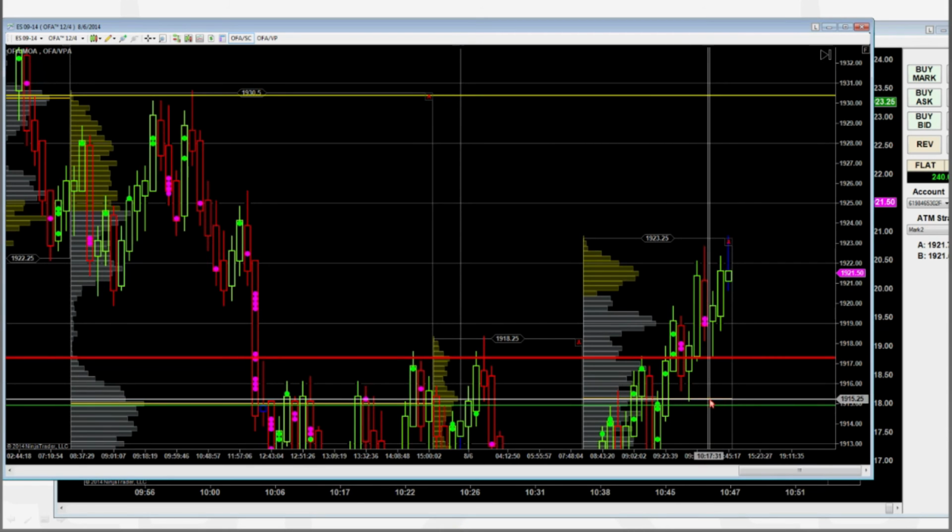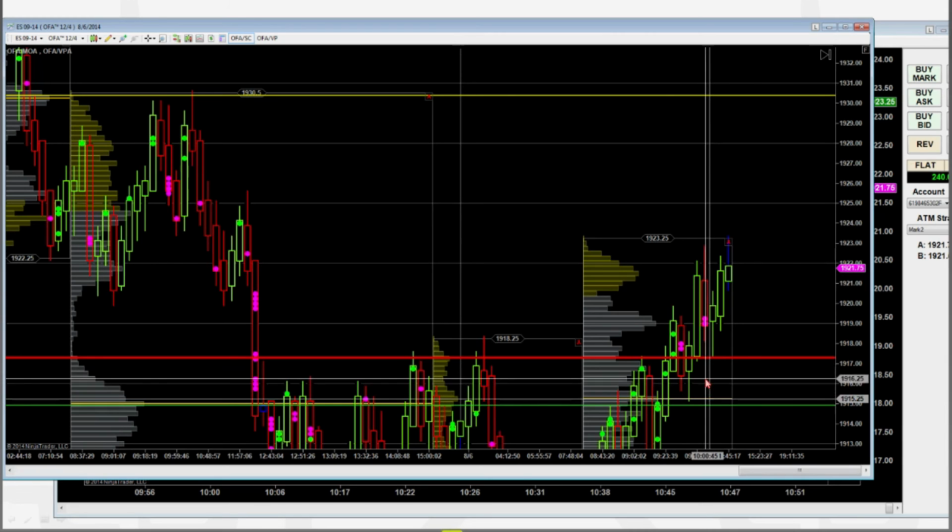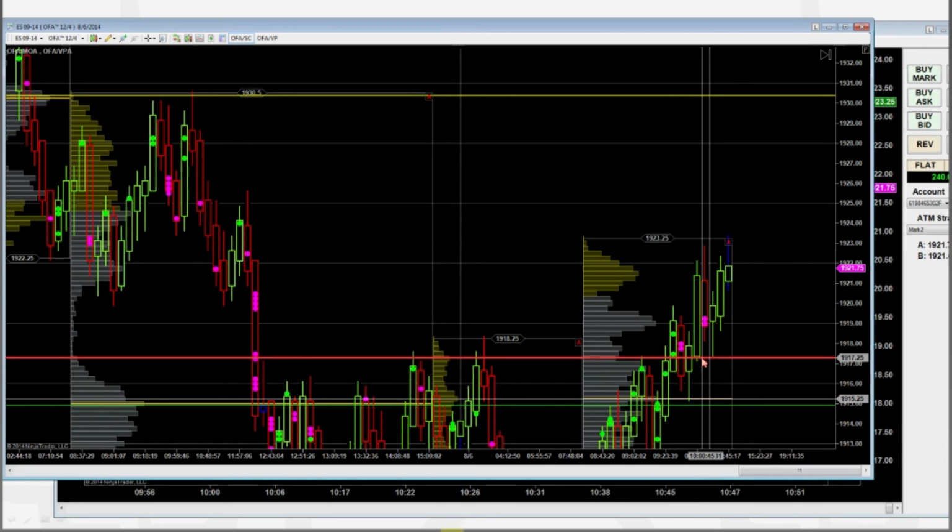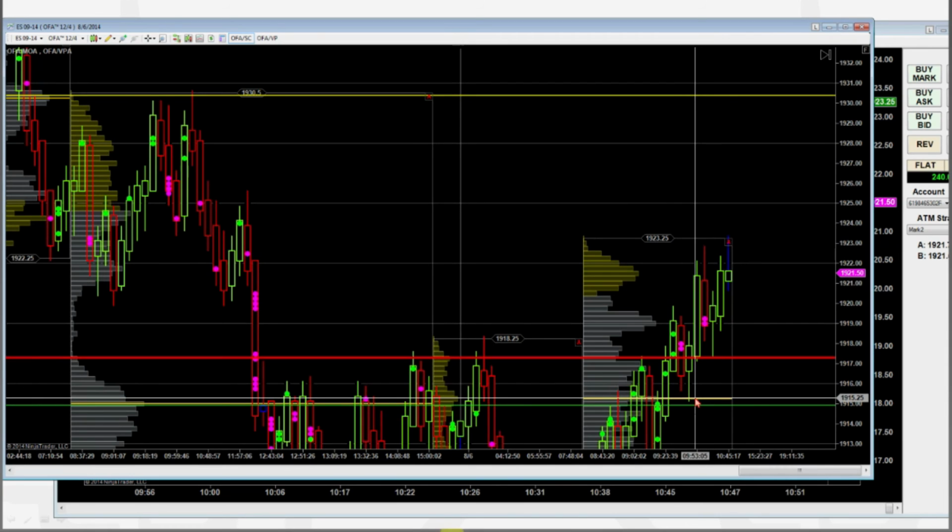If sellers don't believe this is fair price, what are they going to do? They're going to find another area where they believe they can make money, because the basic principle is people get into trades to make money. Where's that next level? It was here, where we had some stop and pullback.